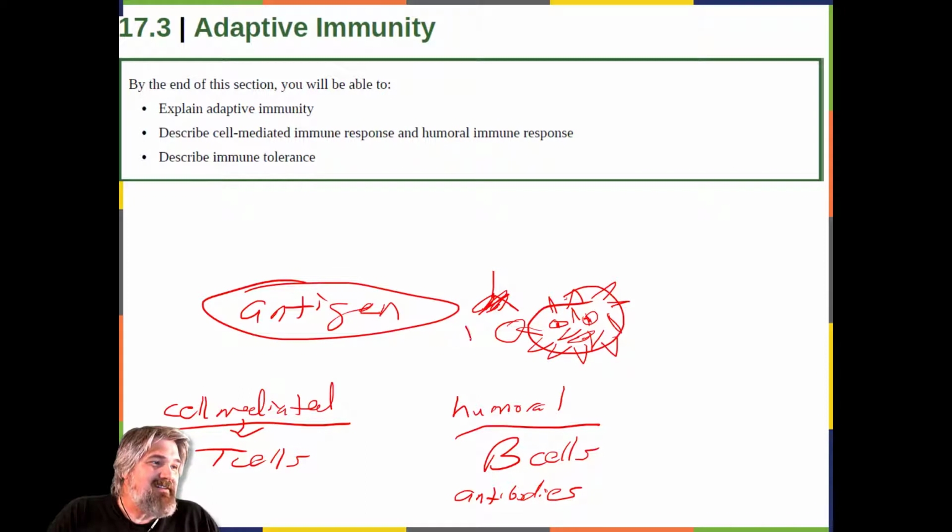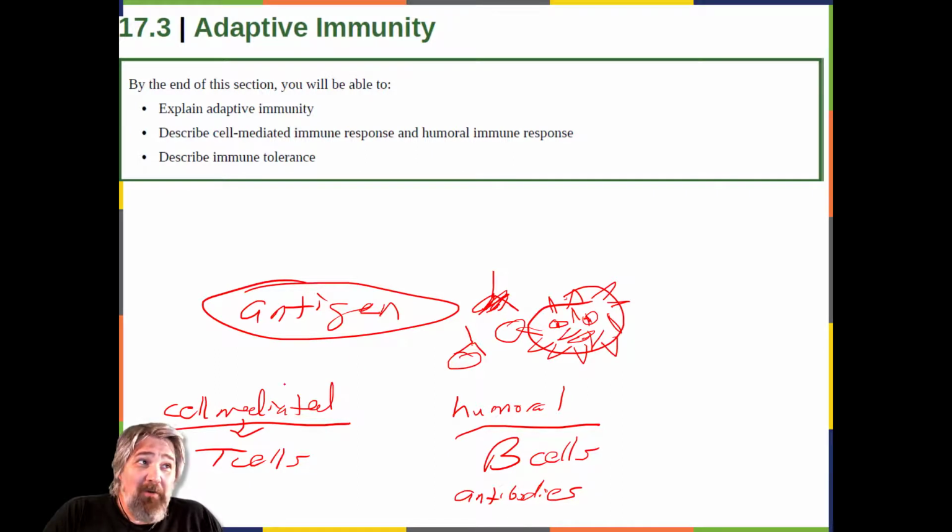Well, they generically look like this, right? Or they can bind stuff here. And once you tag something like this, you can activate a bunch of other responses that will hopefully take care of the invader, right? That's the idea.